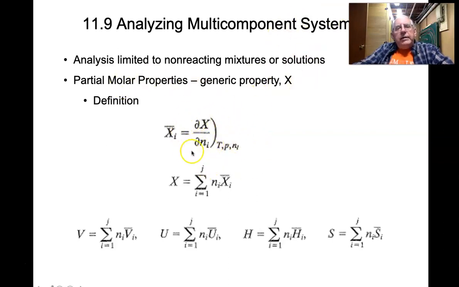And if we then said that this X bar for each component was how does that particular property change with a change in the number of moles of that particular component at the temperature, at the pressure, holding all of the components constant. Okay, we can define this partial molar property.